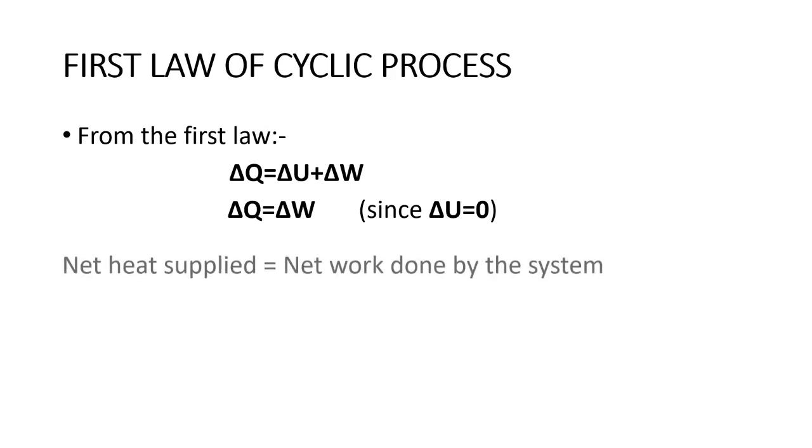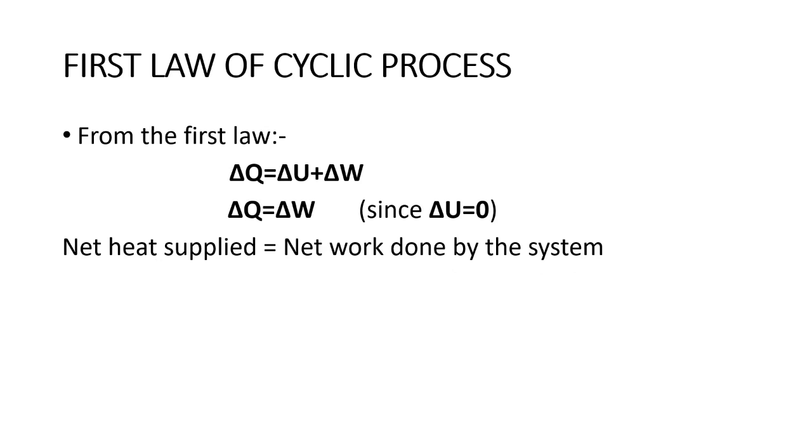From the first law, delta Q equals delta U plus delta W. Since delta U is 0, delta Q equals delta W, which means whatever heat is supplied as input is obtained as work output.